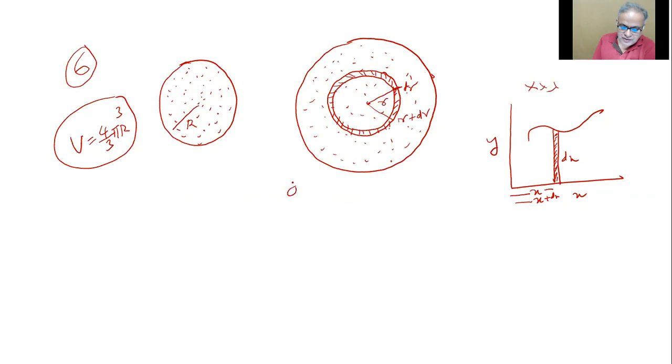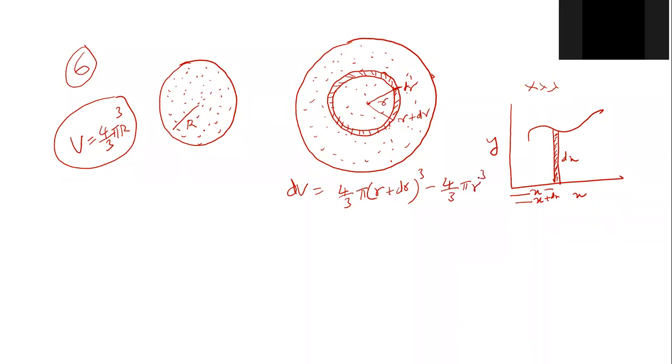Okay, dV equals 4 by 3 pi (r plus dr) whole cube minus 4 by 3 pi r cube. Now what do you say? Yes, sir, it's right. That's right. I could have multiplied the dr later, but now I'm doing this.